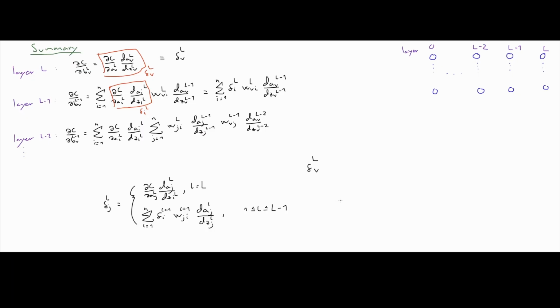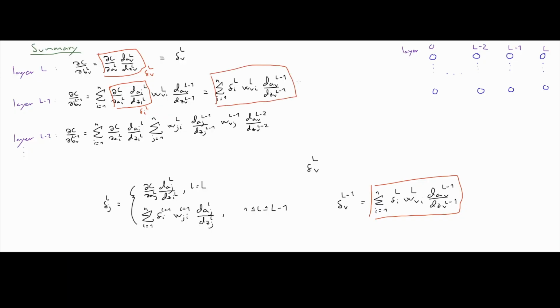So in fact, if we consider the delta of neuron V in layer capital L minus 1, applying the formula, we get the sum as I goes from 1 to n of delta I of layer index L minus 1 plus 1, because we add 1 to the layer index here, which just becomes the output layer, multiplied by a weight going from neuron V to I in the output layer, as we're adding 1 to the layer index, multiplied by the derivative of the activation of neuron V in layer L minus 1 with respect to the weighted input. And these expressions are the same.